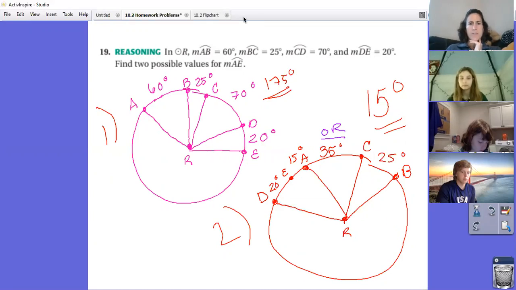And then I just used this information up here in the problem to create a circle. Okay. And then, like I said, the second option here is me overlapping. Like I said, here AB is 60, but then I went backwards into that arc to get arc BC, that's 25. So these are overlapping. Okay.